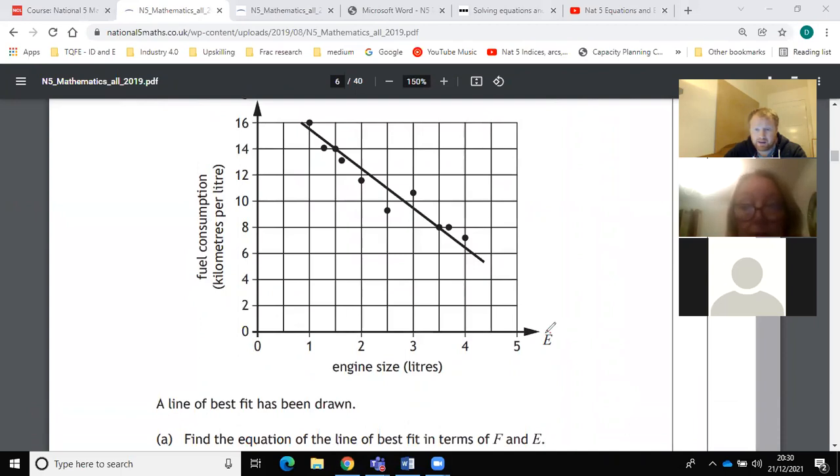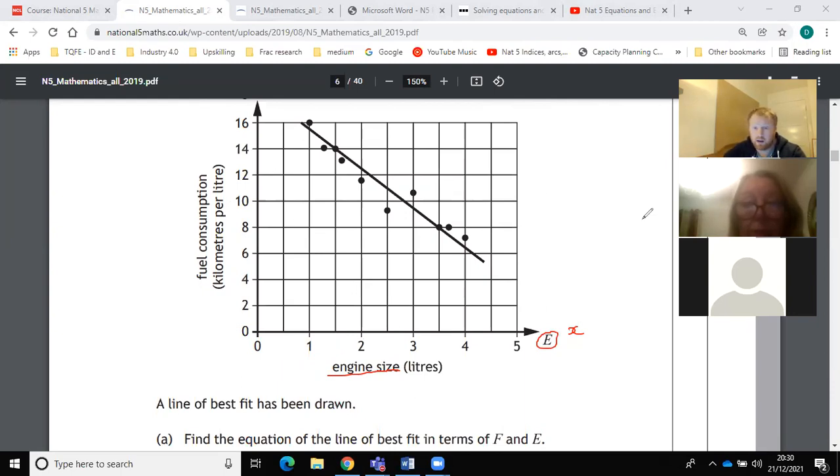The x-axis, in this case, we've used the letter E to represent engine size. Don't worry about that, that is still your x-axis. So that's going to be your first point when you're looking at coordinates.